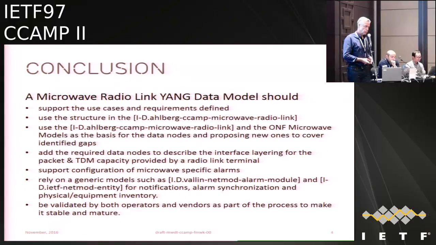And we will also use that model in combination with the model currently under development within ONF as the basis for the attributes, the parameters to be supported by this model. And of course, add those attributes that need to be added in order to fill the gaps we have identified.